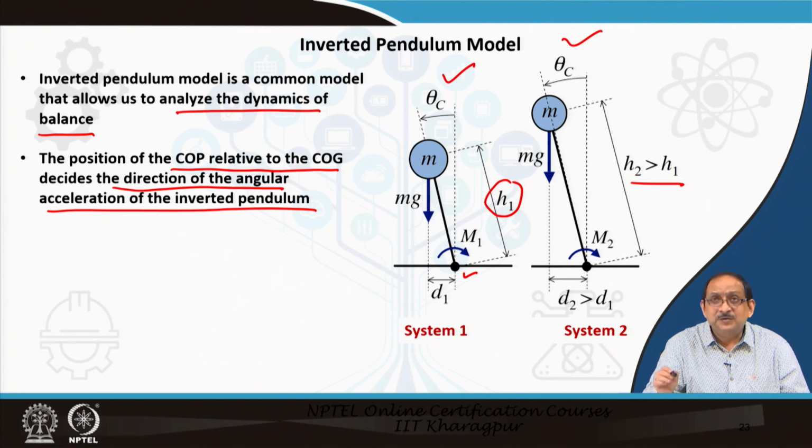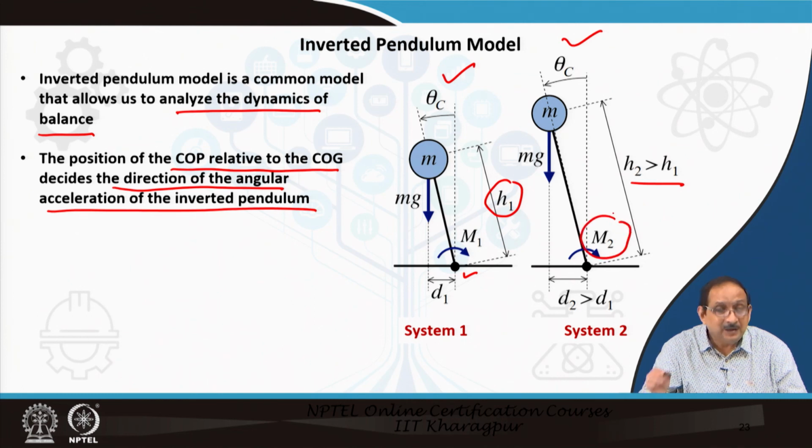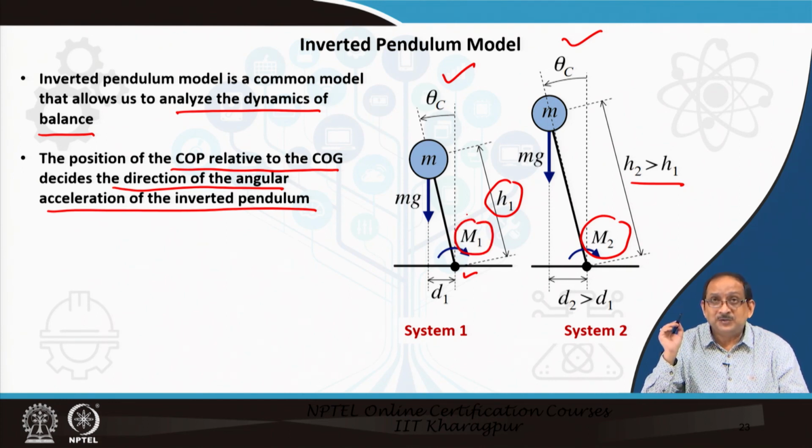Now, in the figure presented here, the moment required to stabilize the system, M2, in system 2 is greater than the moment required to stabilize the system in 1.